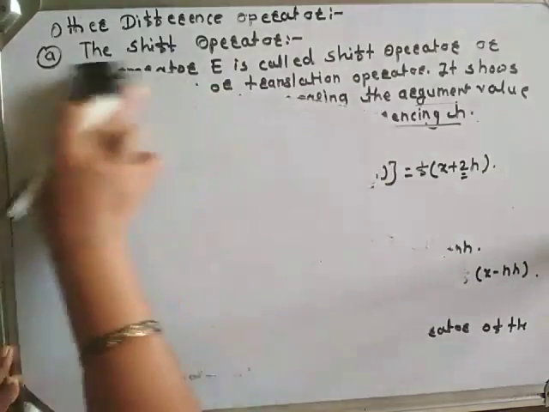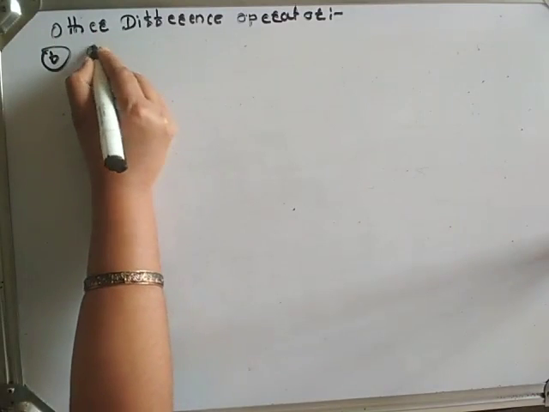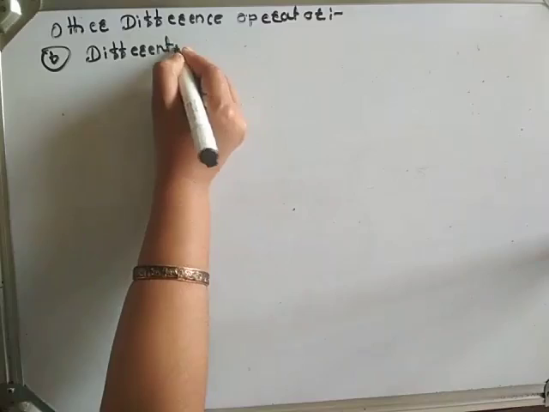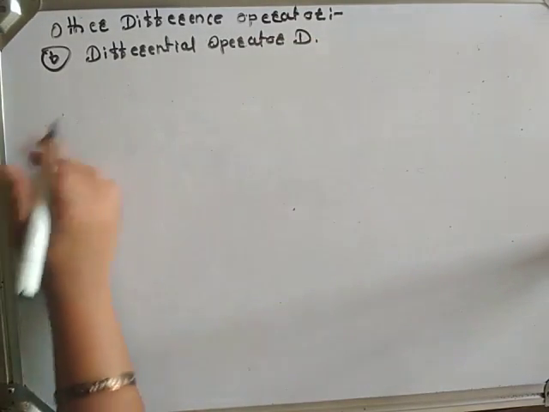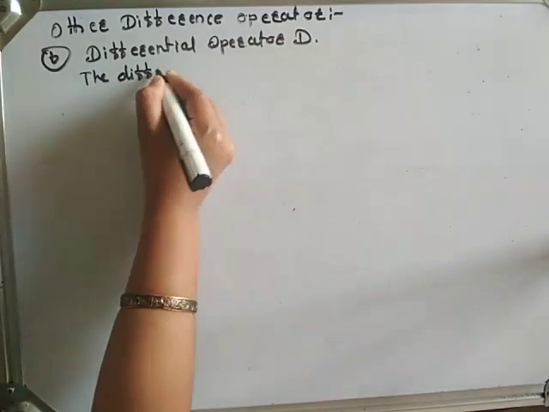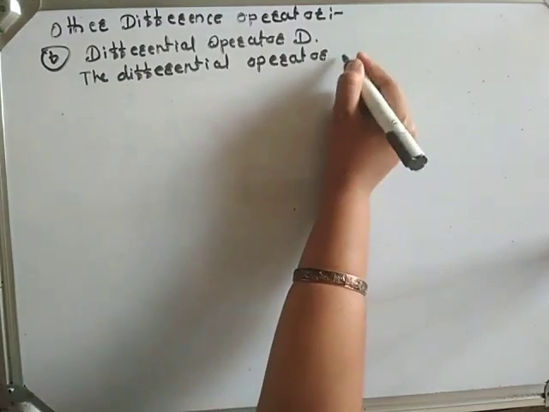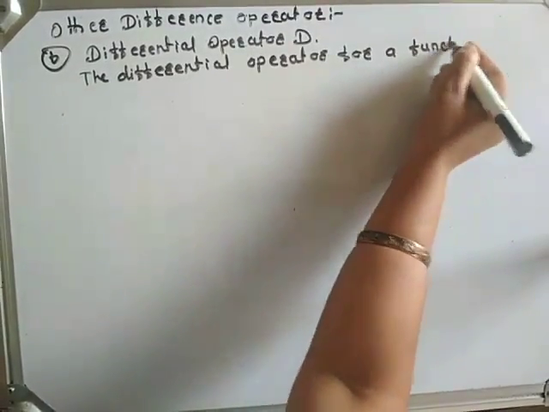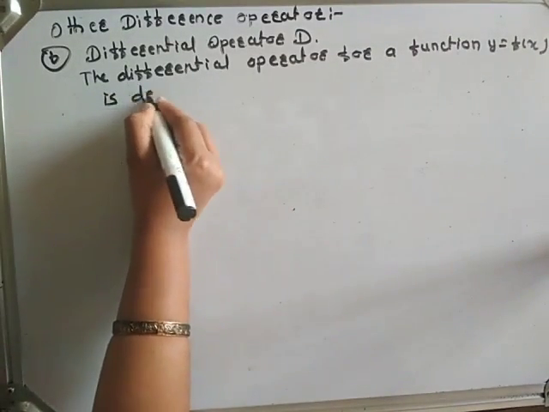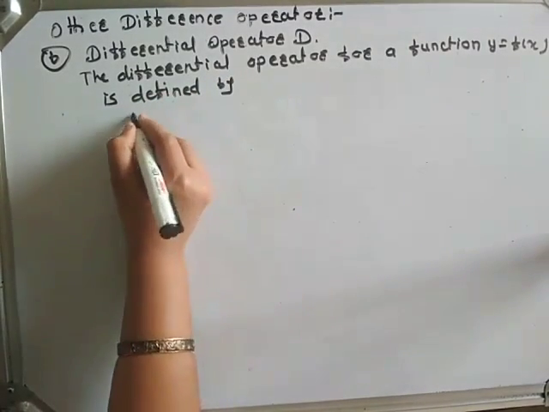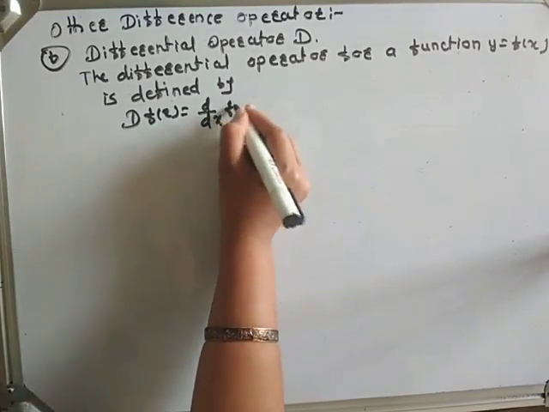Next operator is the differential operator. The second operator is the differential operator D. The differential operator for a function y is equal to f of x is defined by D of f of x is equal to d by dx of f of x.